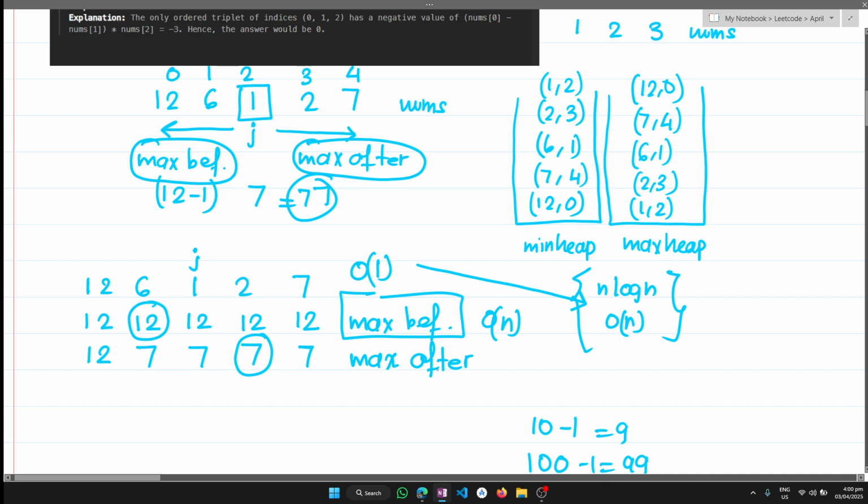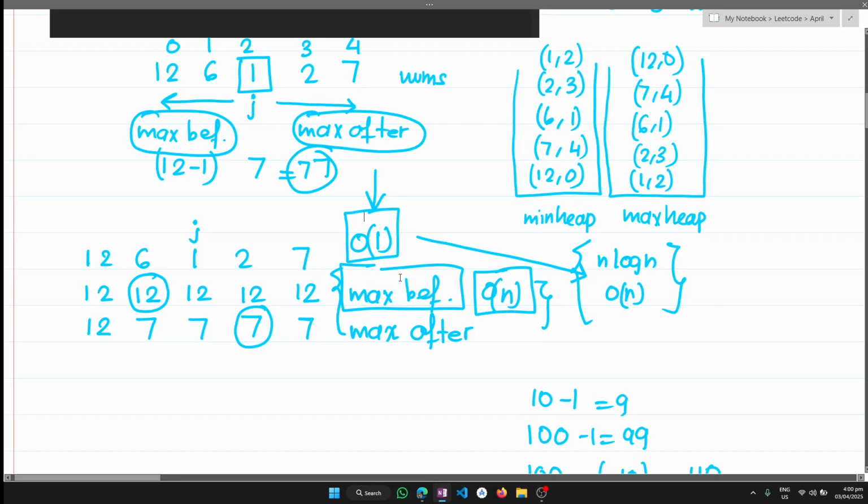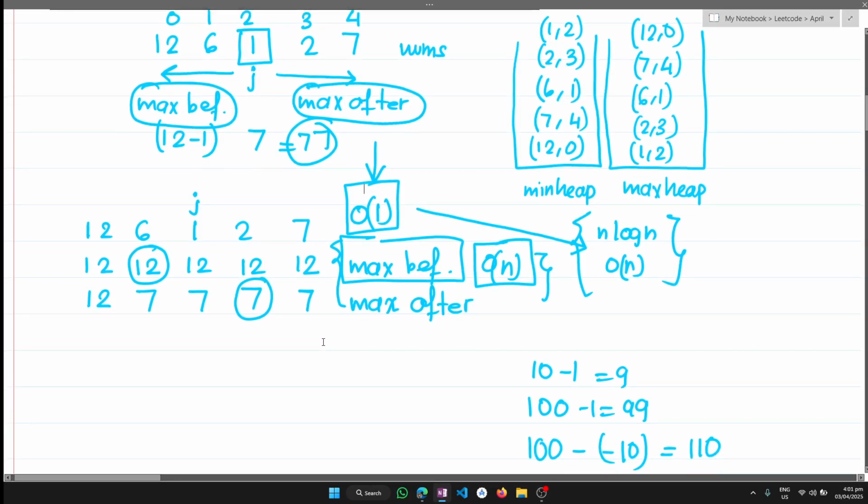As simple as that. And since I took this extra space, that is optimizing things a lot for me. Even though I took O of n extra space, I needed these two arrays, but it's giving me a very good optimization in terms of the time complexity. Because when you think about the structure, when you want to compute i minus j into k, you want this structure, right?